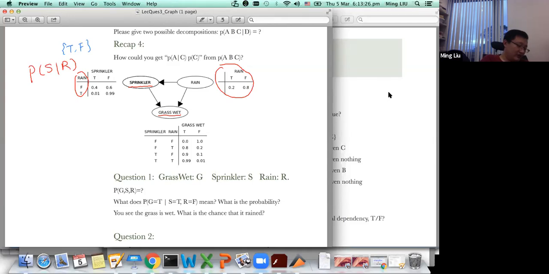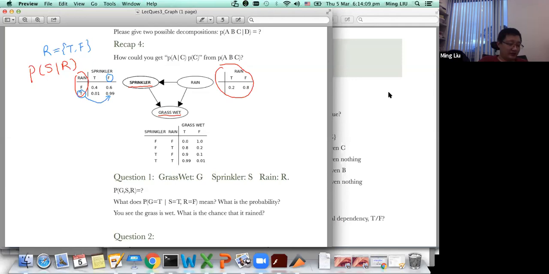Given this condition, the probability that S equals true, that means it will turn on the sprinkler, or F, not turn it on, you have this probability. Given the rain is true, the probability to turn on the sprinkler is very low, and the probability that it is off, F, is very high. When it rains, probably you don't turn on the sprinkler.